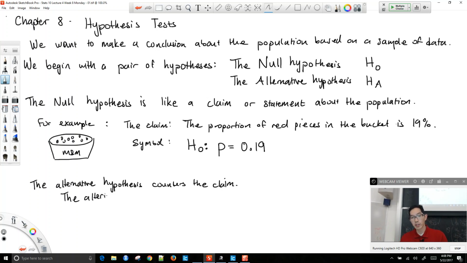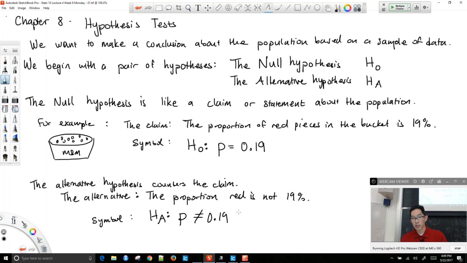It's something other than 19%. And if we were to write with symbols, we would write the alternative is that p does not equal 19%. Or, later on, p is greater than 19% or p is less than 19%. Something where we are not agreeing with the null hypothesis.